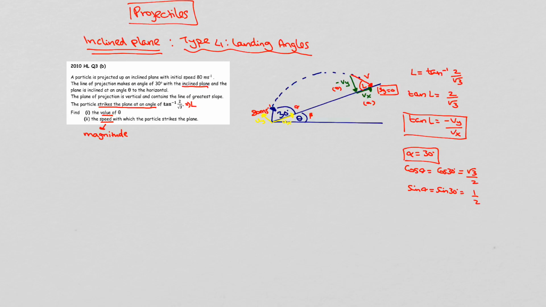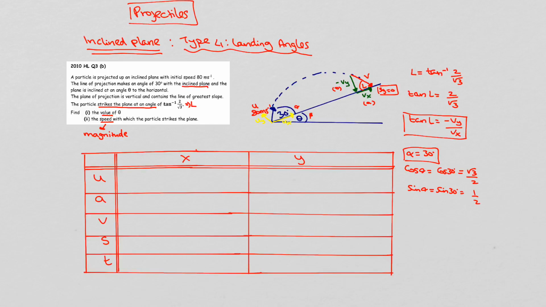That'll come in useful when we're doing our table. And of course, U is 80 meters per second. So you're going to pause the video and do U, A, V, S, and T in the X and in the Y direction. And don't forget, this is the inclined plane, so we have to resolve our gravity.